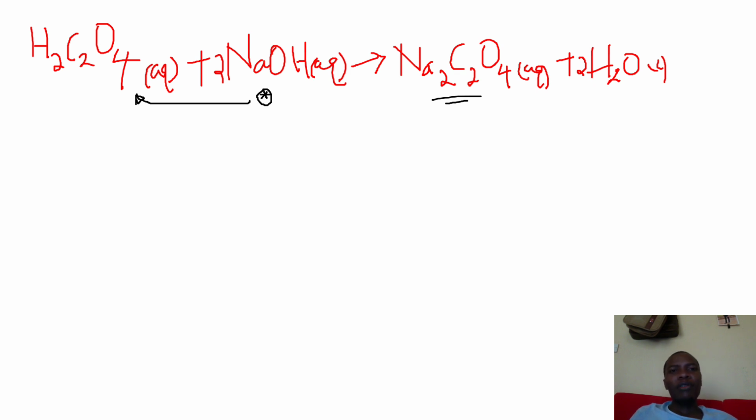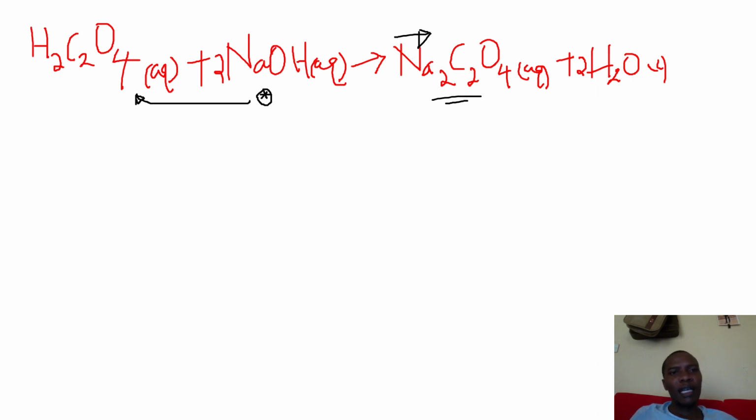But remember, this sodium oxalate formed is going to be along with the one which we had originally, and both of them will be reacting with the potassium manganate 7. So we expect that in the end, the potassium manganate 7 reacts first of all with the original sodium oxalate and these sodium oxalate ions that we are getting from the oxalic acid. But we start with the oxalic acid.